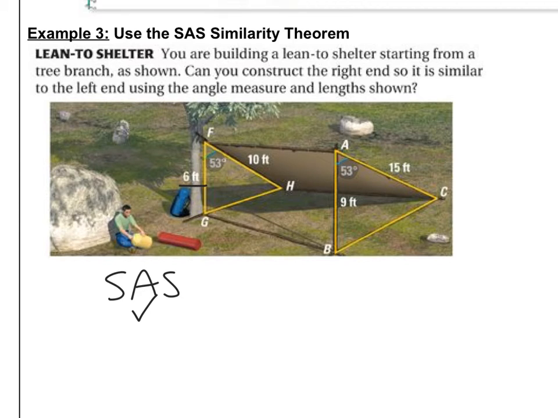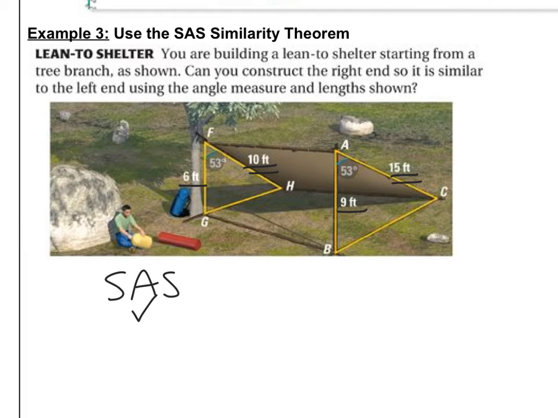Now we have to take a look at corresponding sides and make sure that they are proportional. It doesn't matter how you want to set it up, whether you go from left to right or big to small. I'm just going to say that this is our new image and this is our old image.